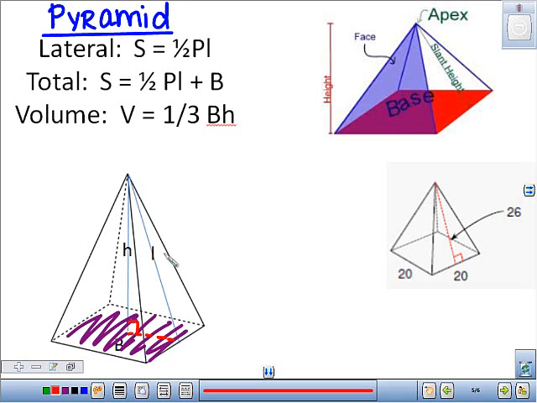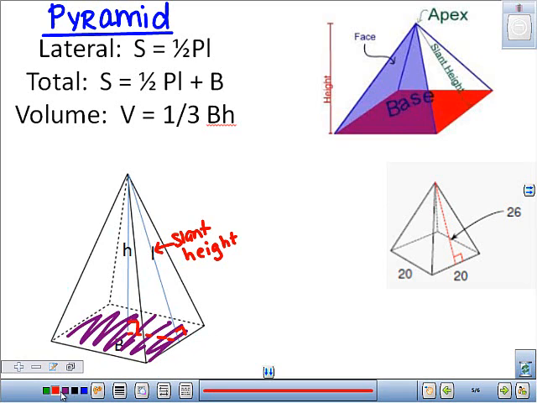The L, remember, stands for slant height, just like in a cone. So the slant height, you'll notice, is down the side of a face. It's not the actual edge where two faces meet, these black lines, but it's down the side of the face to make a 90-degree angle with the bottom edge.